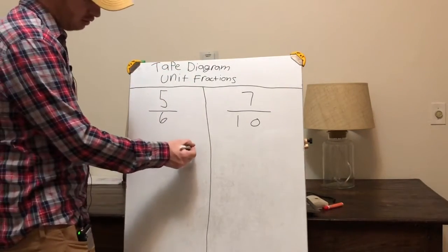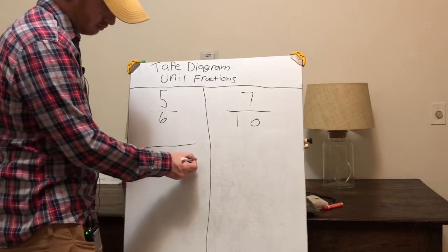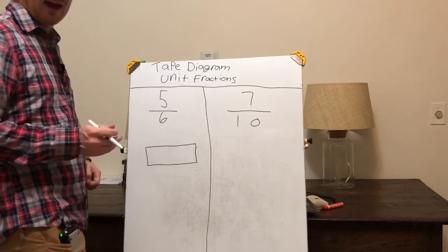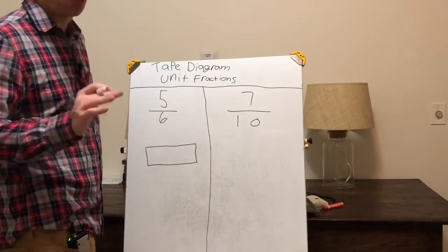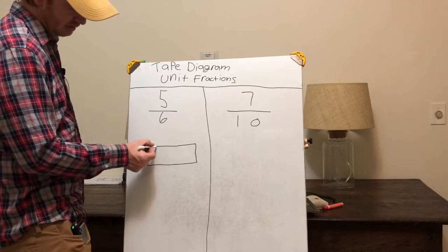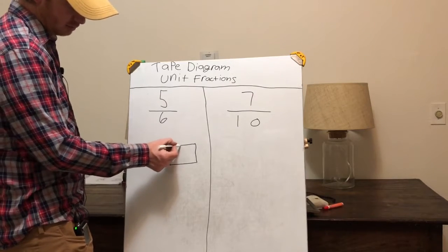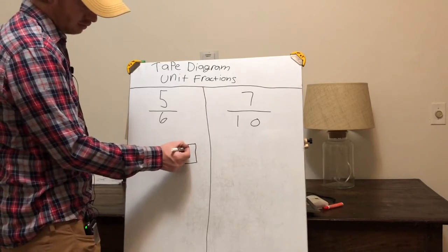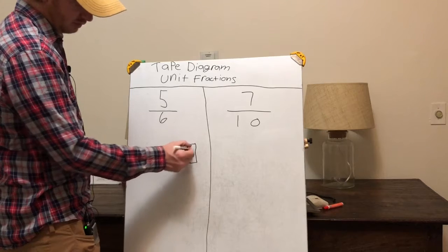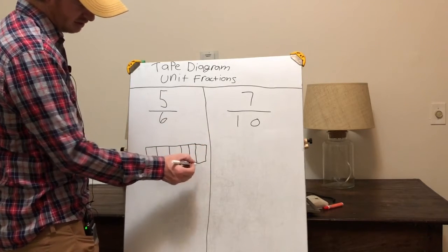So I'm going to draw my tape diagram, and then the 6 is the denominator, and that's the total. So I need to make sure that I have 6 total boxes. 1, 2, 3, 4, 5, and 6.